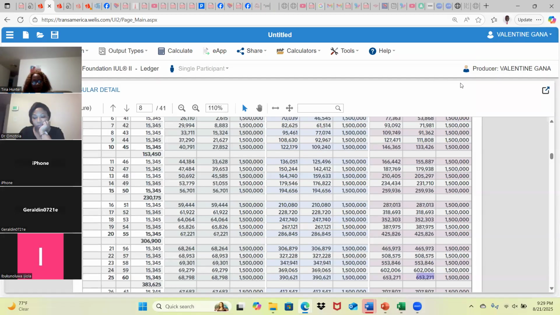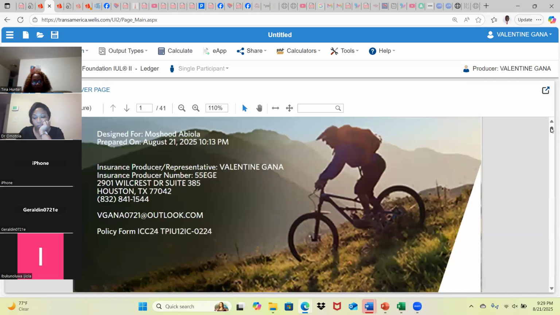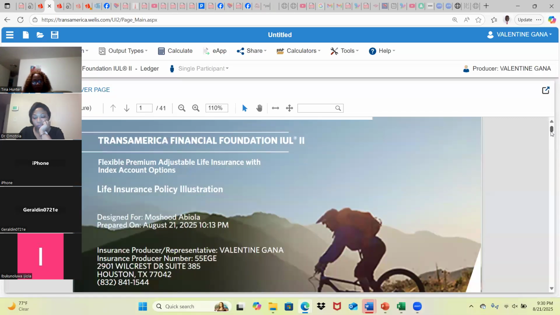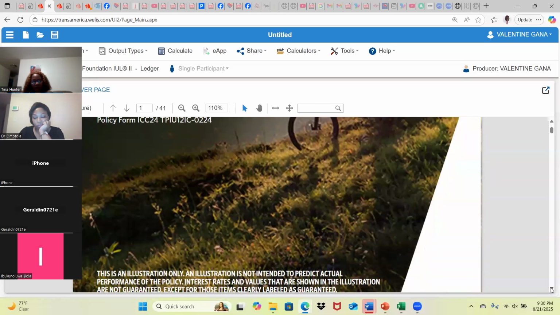When you apply, your illustration becomes part of the application. In fact, if they change something during the underwriting process that affects the illustration, you have to run a new illustration and submit it. And that client has to sign a notice of the change of the illustration.